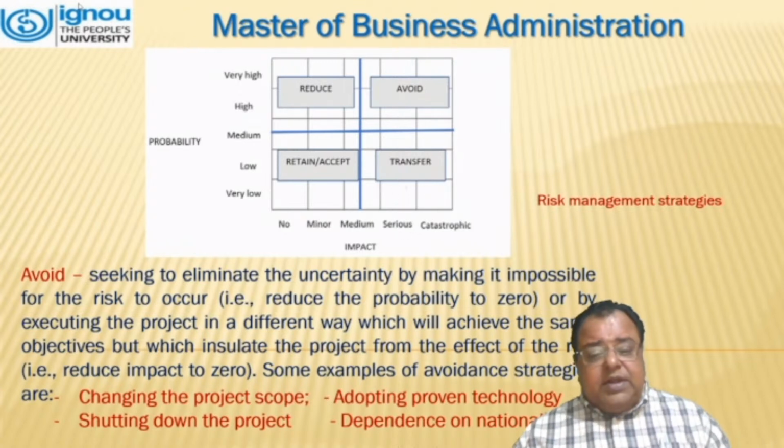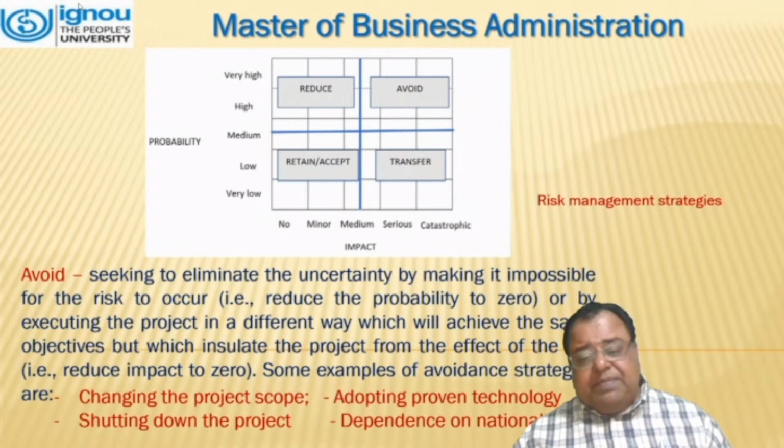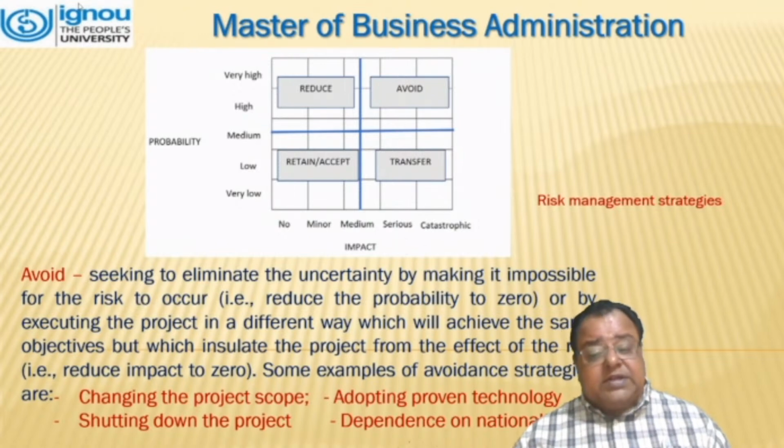Some examples of avoidance strategy are changing the project scope, shutting down the project, adopting proven technology, and dependency on national supplies.